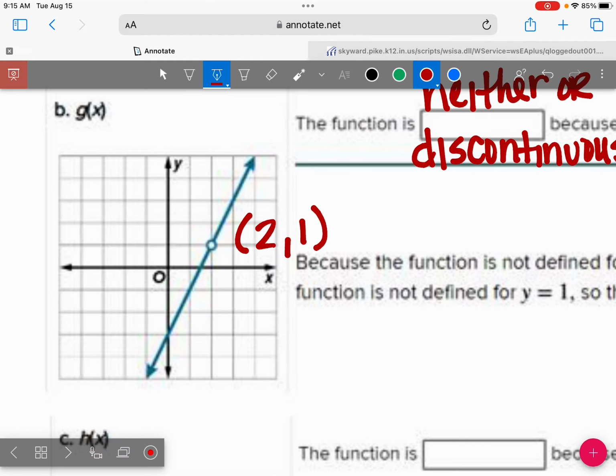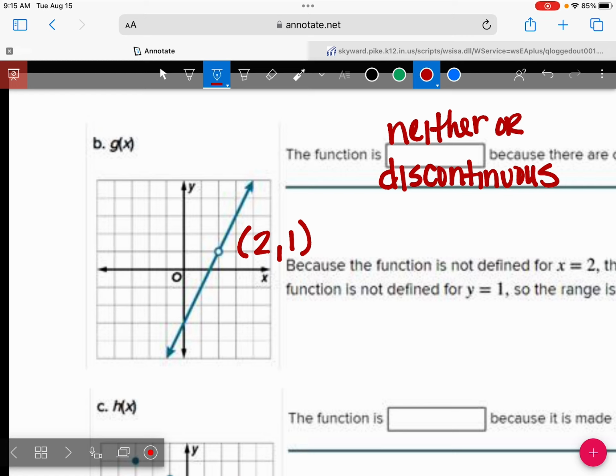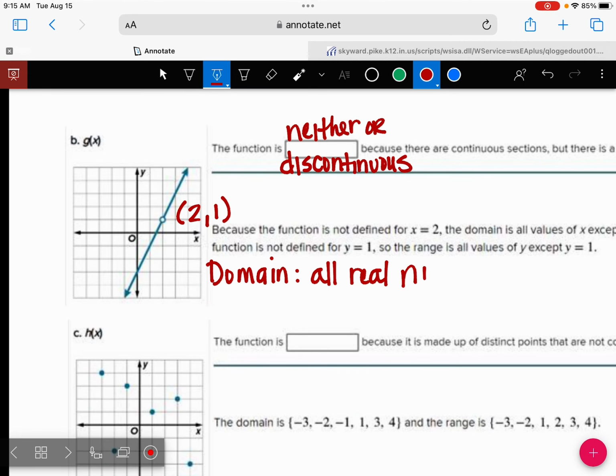So for my domain, we could say it's all real numbers but x cannot equal 2. So we have to put that little statement there.